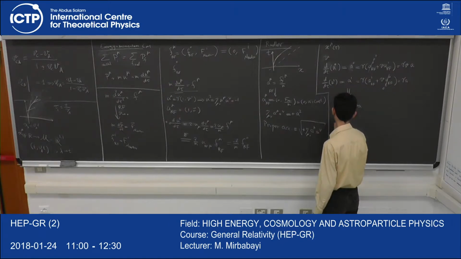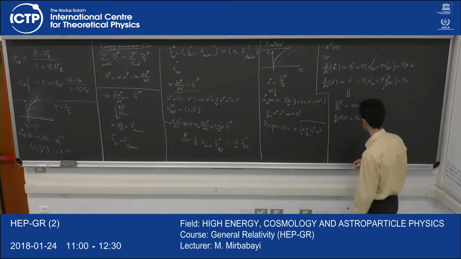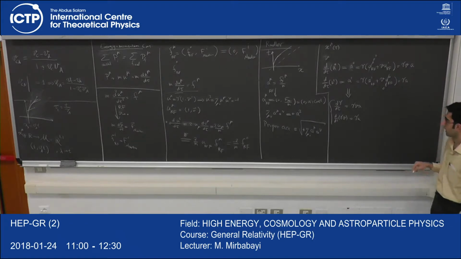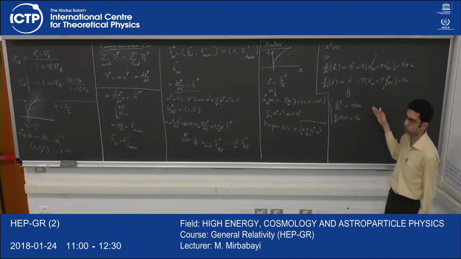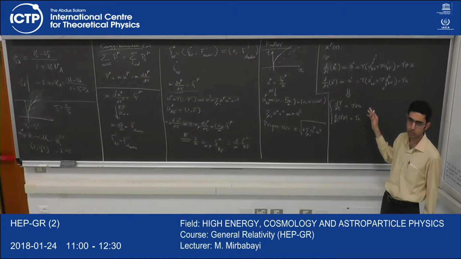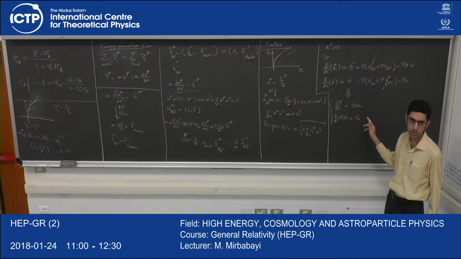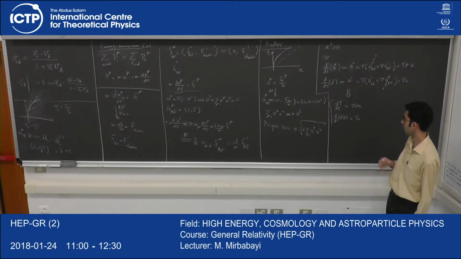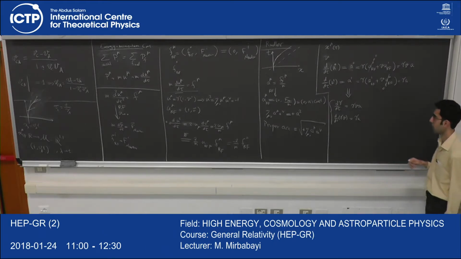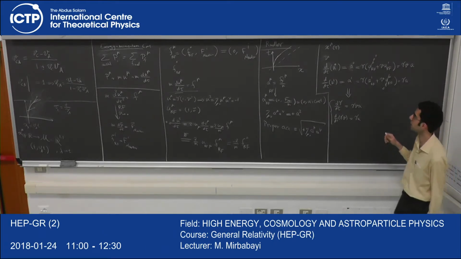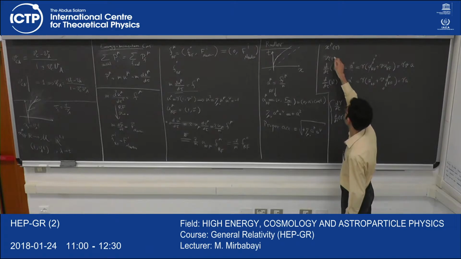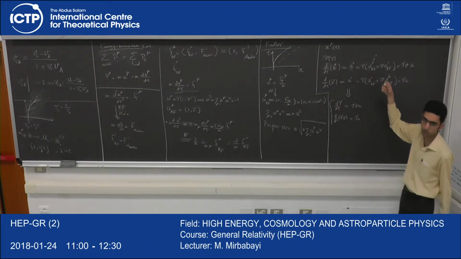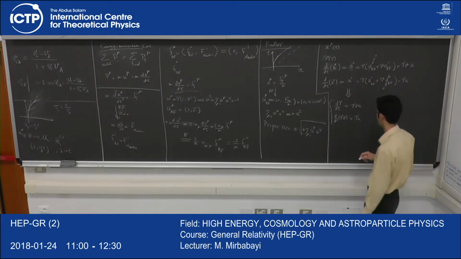And here I have d by d tau of gamma v equals gamma a. So this is for an observer at some arbitrary moment when the velocity is v, we get this equation. And then we can solve them to find v as a function of tau. Once we find v as a function of tau, then we can find x as a function.